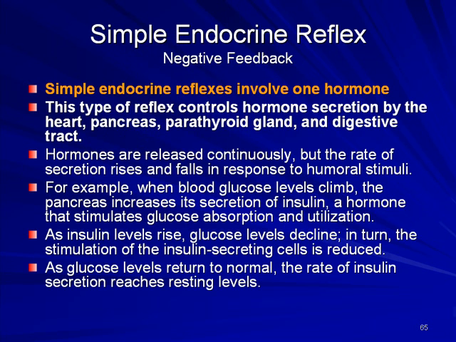Now, in a simple endocrine reflex, we're only talking about one hormone. Obviously, there are more complex mechanisms out there, but when we talk about the simple endocrine reflex, we're talking about one hormone. That one hormone can also cause this negative feedback mechanism. Examples of that are the effects or controls of hormones on tissue structures such as the heart, pancreas, parathyroid gland, and digestive tract.